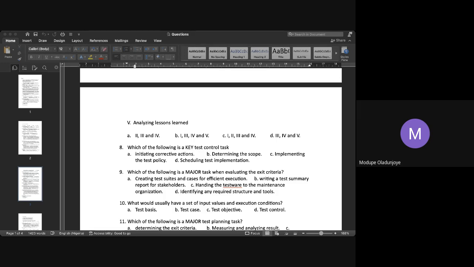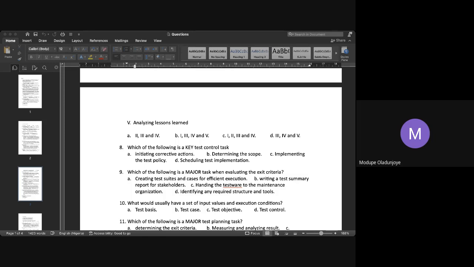Test control task: implementing the test policy, rather. Implementing the test policy. No. Test monitoring and control. What happens?